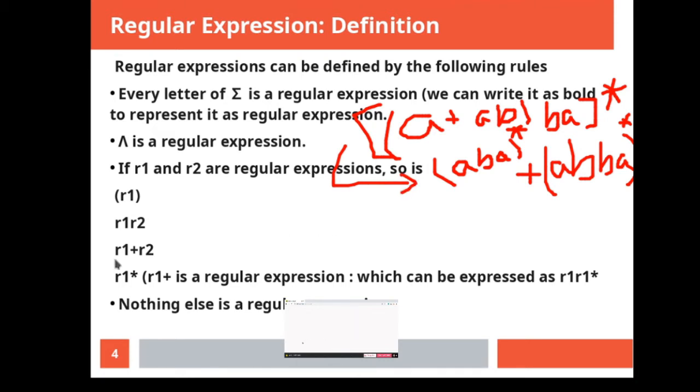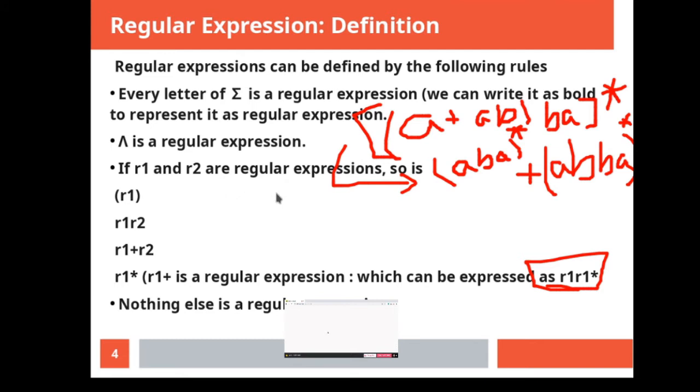And we generally don't talk about R1 plus because, as I told you earlier too, R1 star can be used to denote the positive closure. So apart from this, nothing else is a regular expression. So repeating again, every letter of alphabet is a regular expression. Null is a regular expression.